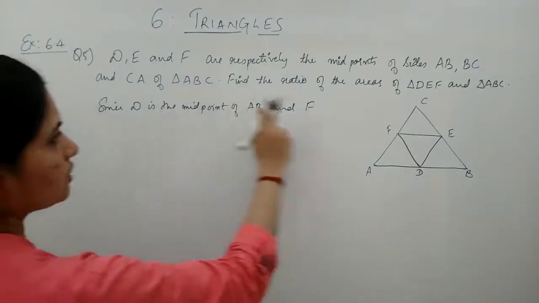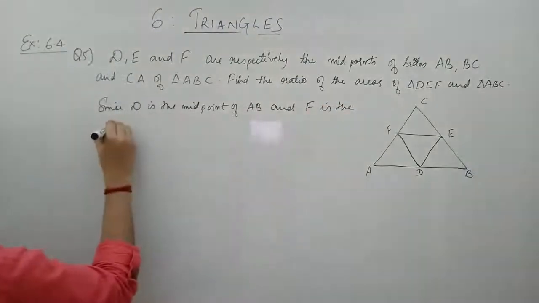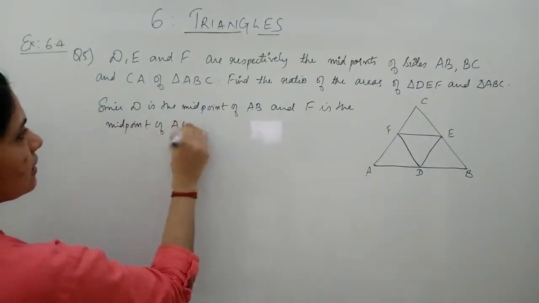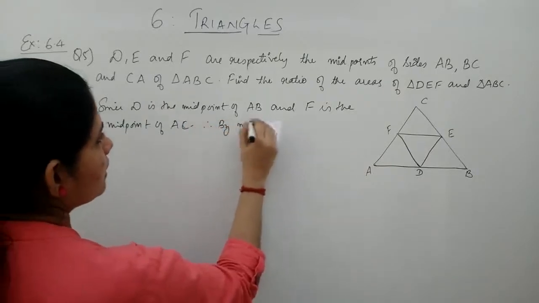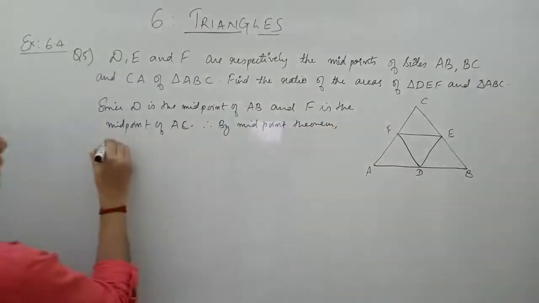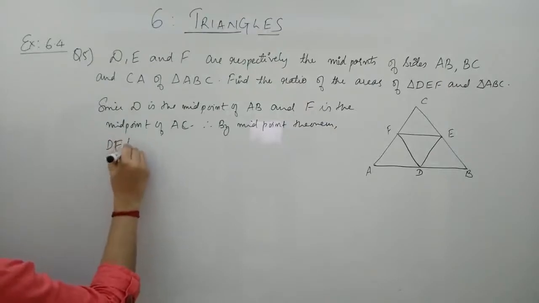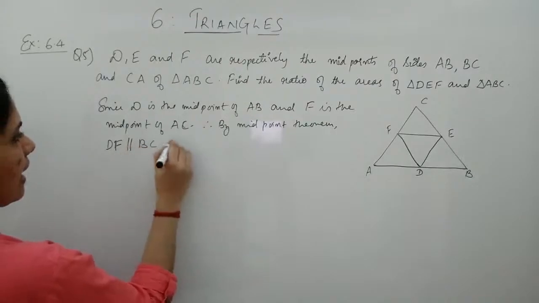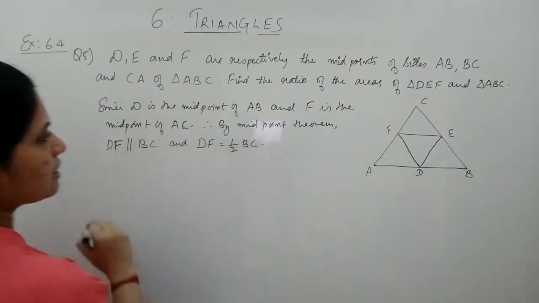Okay, so that's why I have taken only D and F. F is the midpoint of AC. So what you will get? Therefore, by midpoint theorem, DF is parallel to BC and DF is equal to half of BC.